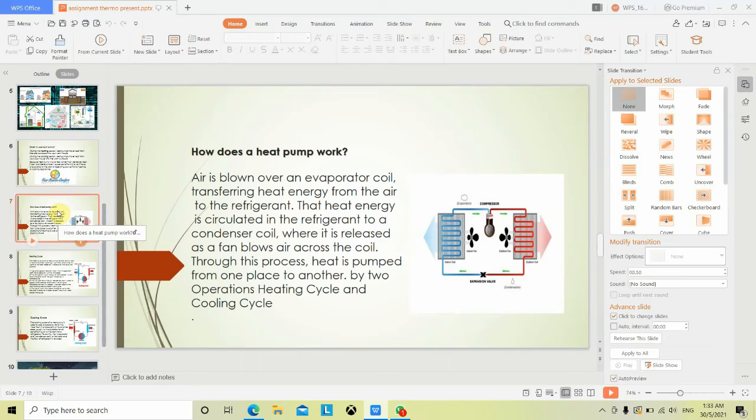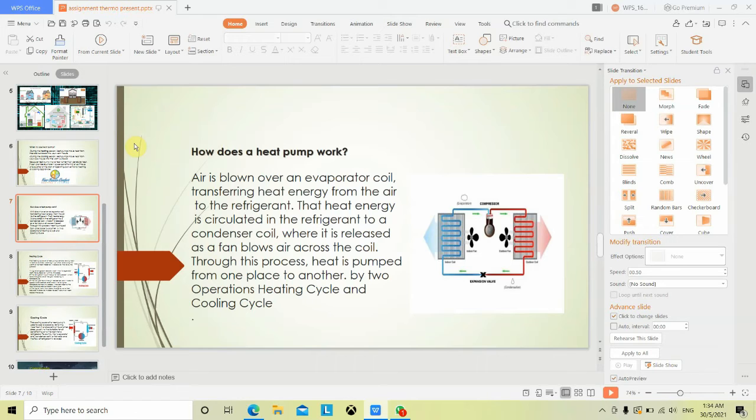Okay, next. How does a heat pump work? Air is blown over an evaporator coil, transferring heat energy from the air to the refrigerant. That heat energy is circulated in the refrigerant to a condenser coil, where it is released as a fan blows air across the coil. Through this process, heat is pumped from one place to another by two operations: heating cycles and cooling cycles.